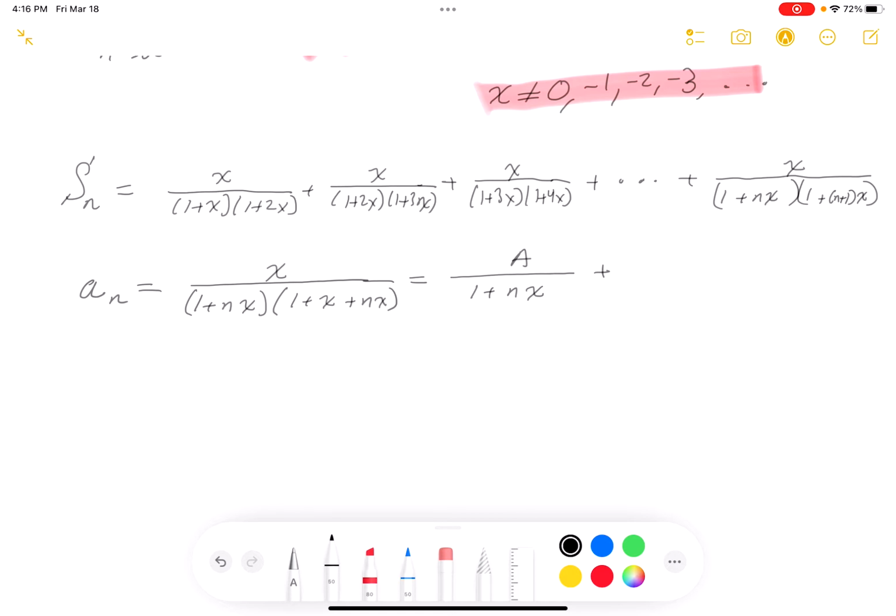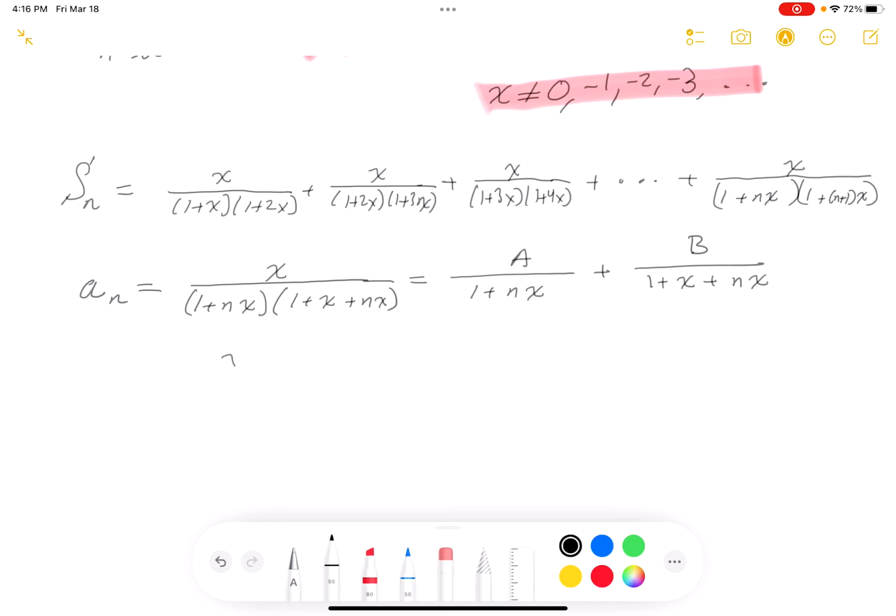And let me put the b down now. And what do you get over here? Let's see, 1 plus x plus nx. All right, let's clear the fraction.